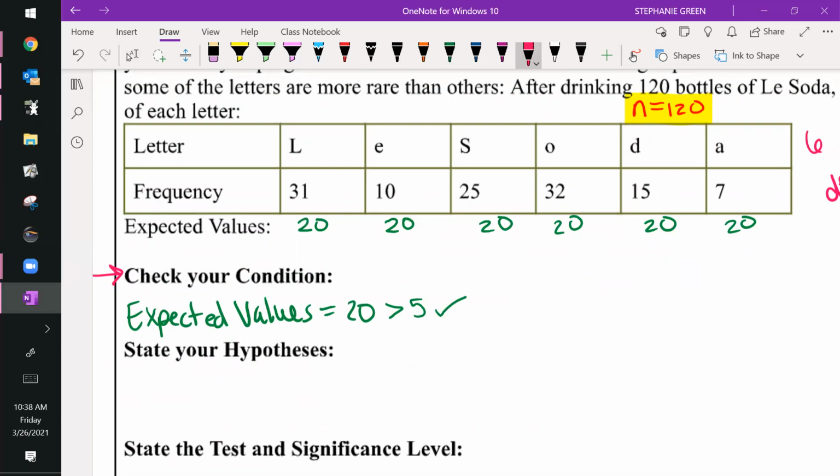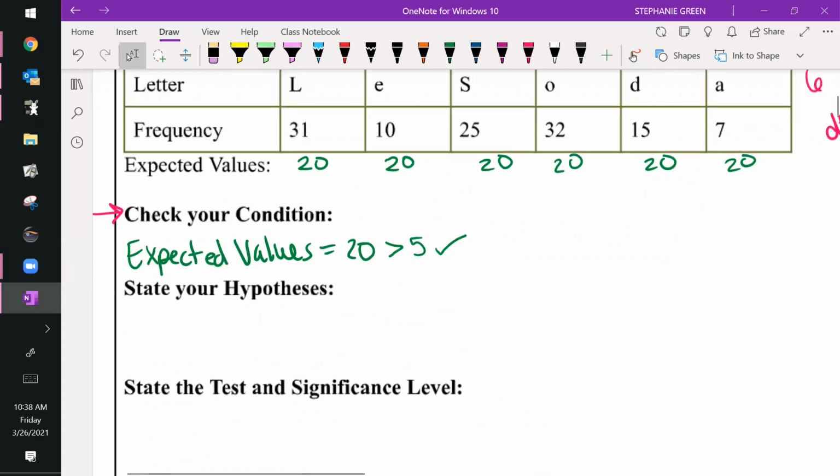So then we know the next step of our significance test is to state our hypotheses. Just like always, we have a null hypothesis and an alternative hypothesis. Our null hypothesis is going to be that our expected values are true. In this case, our expected probabilities are, like I said, that they'll all have a probability of 1/6.